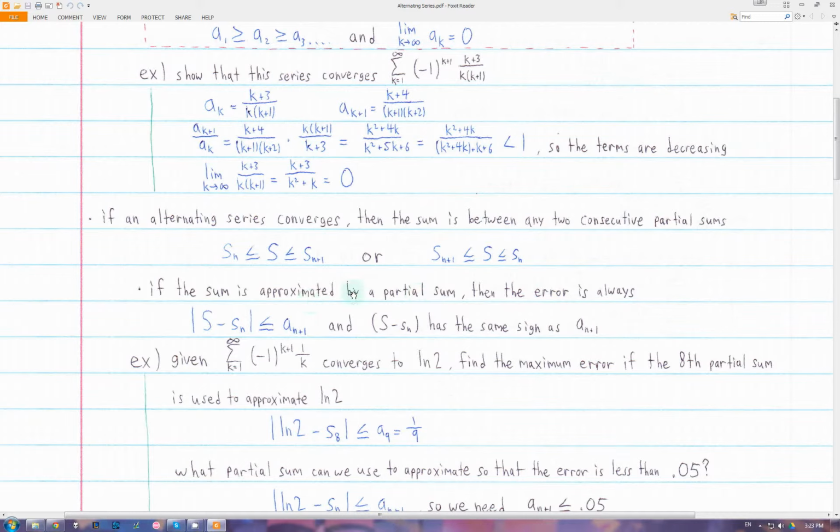And if we use a partial sum to approximate the real sum, then the absolute error, the sum minus the partial sum that we use to approximate, is always less than or equal to the general term of n plus 1. So say we use the fifth partial sum to approximate the sum of an alternating series. Then we know that the error in approximation is less than or equal to the sixth term in the series.